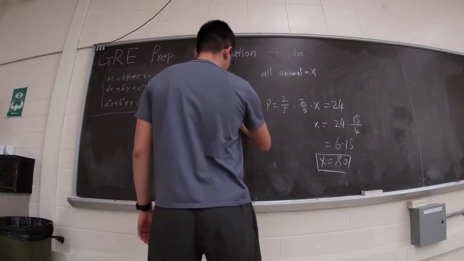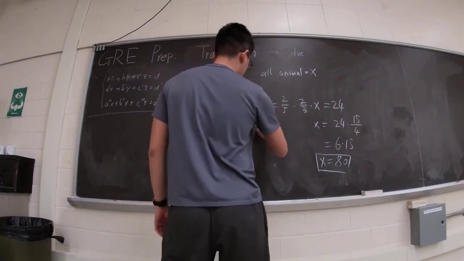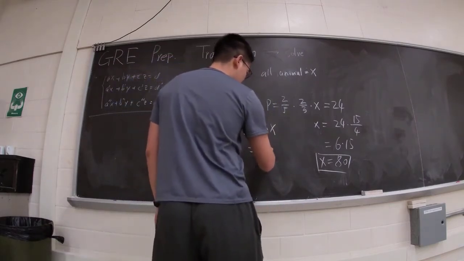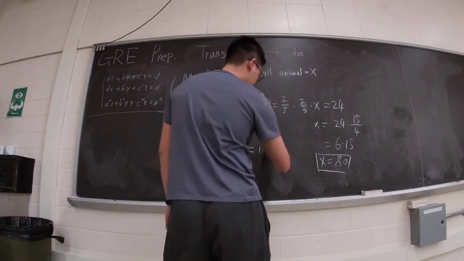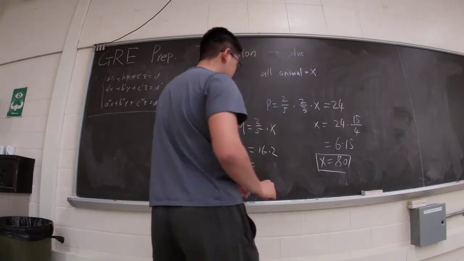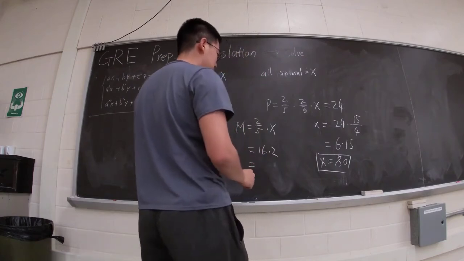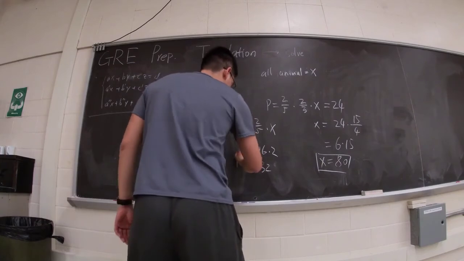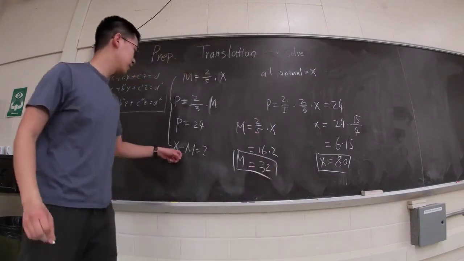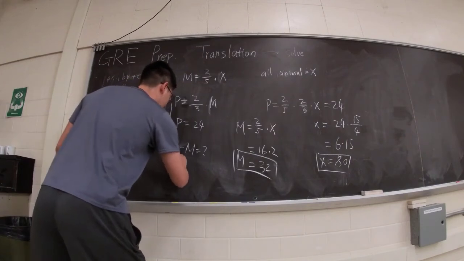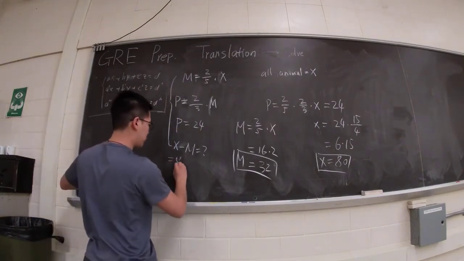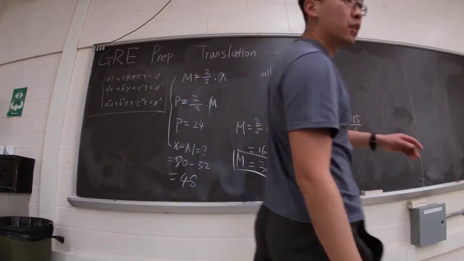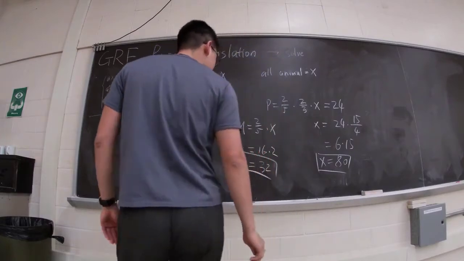So mammals is 2/5 of X, which is 32. You don't need to do those quick maths in your mind. You just pop it into your calculator. So that's M. The question asks for X minus M, which is 80 minus 32 equals 48, which I believe is not the correct answer.